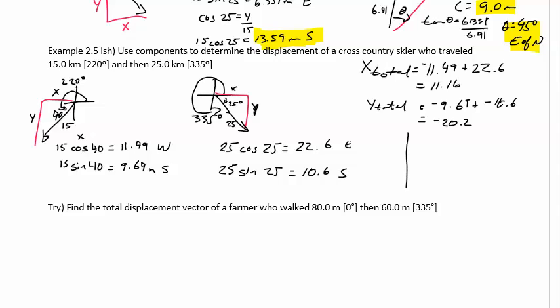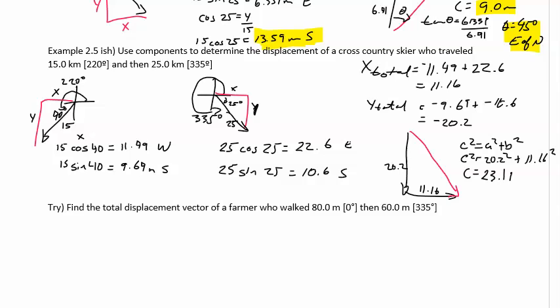So runs like this, 20.2, runs like this, 11.16. We're looking for this resultant. And now we, again, Pythagorean theorem. We're using c squared is equal to a squared plus b squared, 20.2 squared plus 11.16 squared. That gets you a result of 23.1 kilometers.